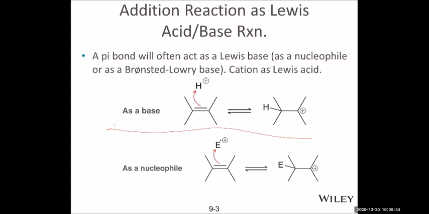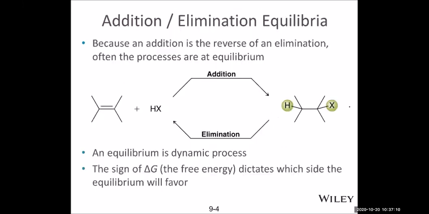And also the double bond, since it has high-energy pi electrons, acts like a Lewis base. It can give the pair of electrons to an electrophile, something that attracts electrons, and form a bond. So we'll see both in our addition reactions. The addition and elimination are reversible, the reverse of each other.